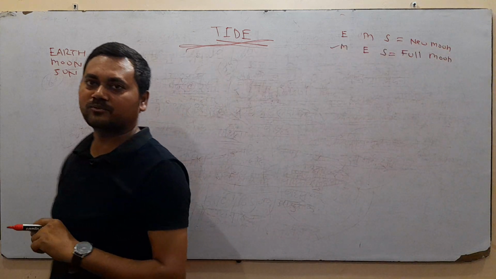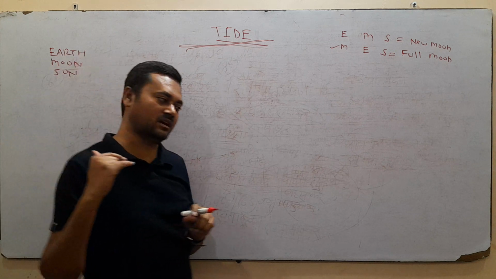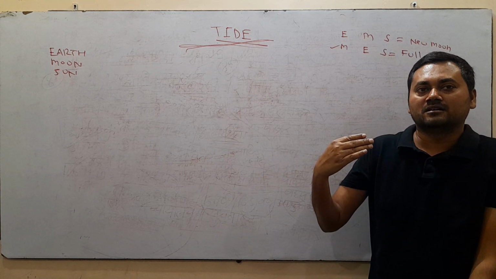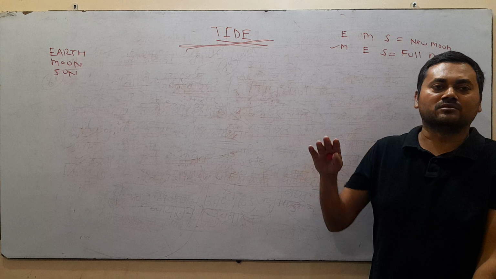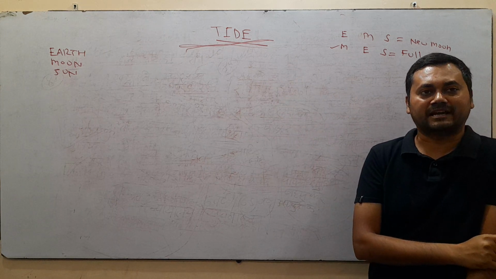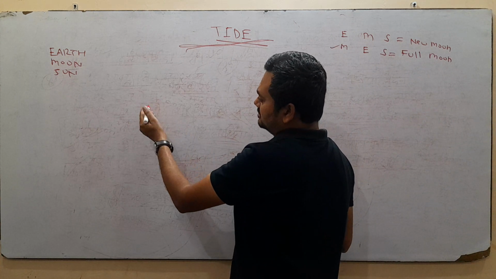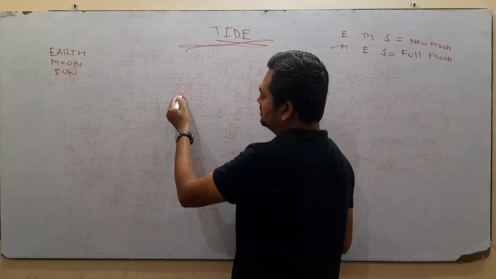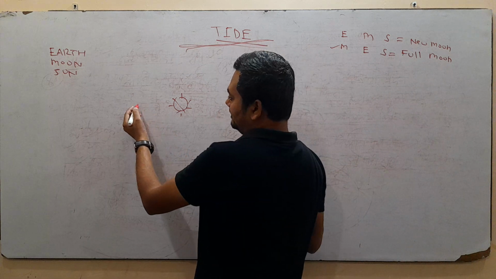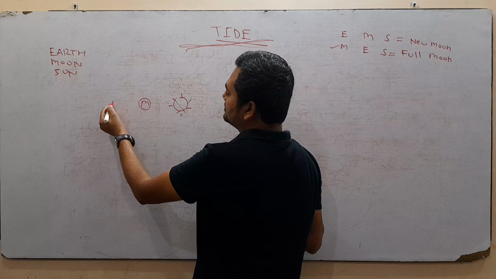Now let's talk about the positions of the sun, earth, and moon. As I have told you, the gravitational forces of the earth, sun, and moon play the role behind the development of the tide. So let's assume, this is the sun, and this one is the moon, and this is the earth.